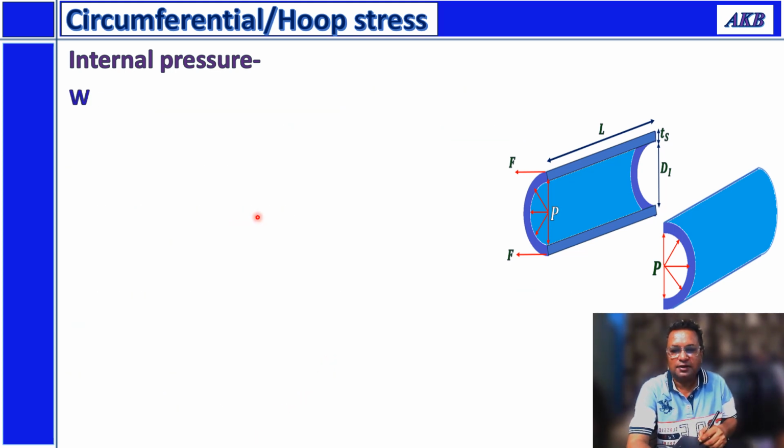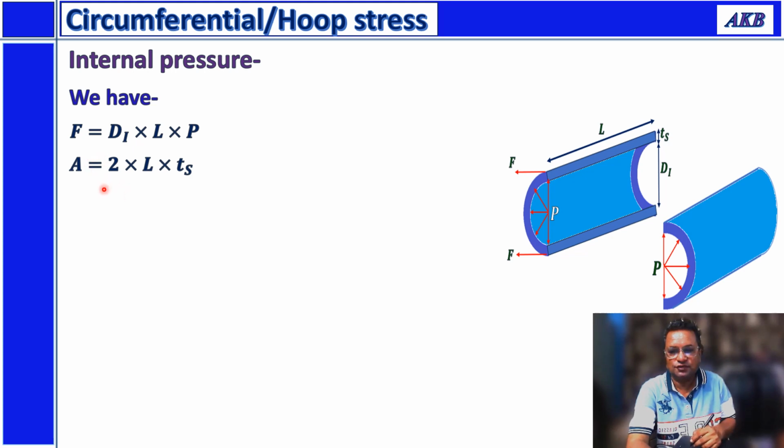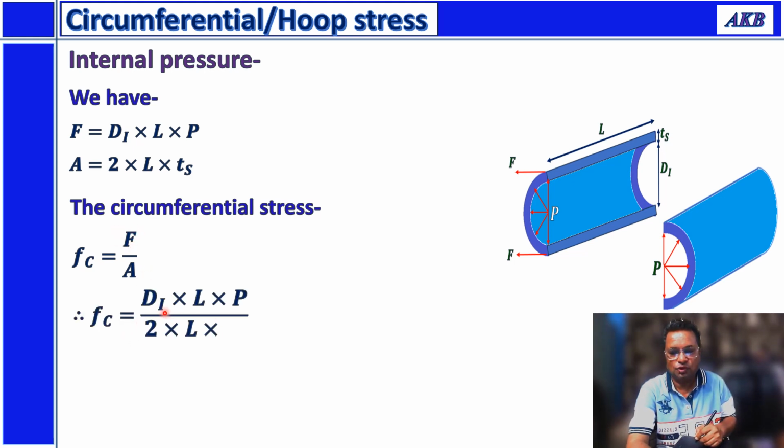So we have got the equation for F, that is Di into L into P, and the area that is resisting this force is 2 into L into Ts. Therefore circumferential stress, let us denote it as Fc, will be force acting per unit area. Force is Di into L into P, and area is 2 into L into Ts.